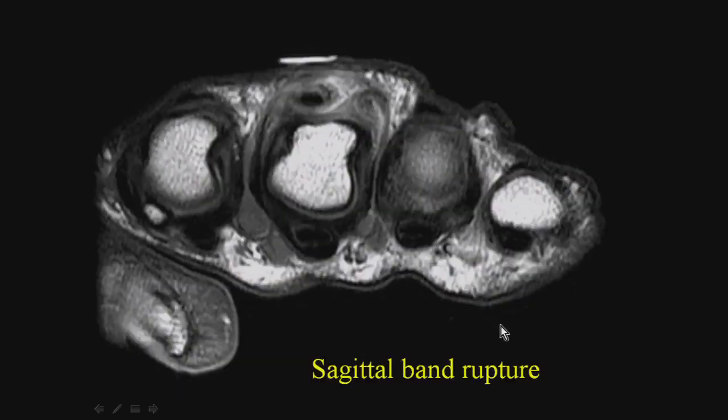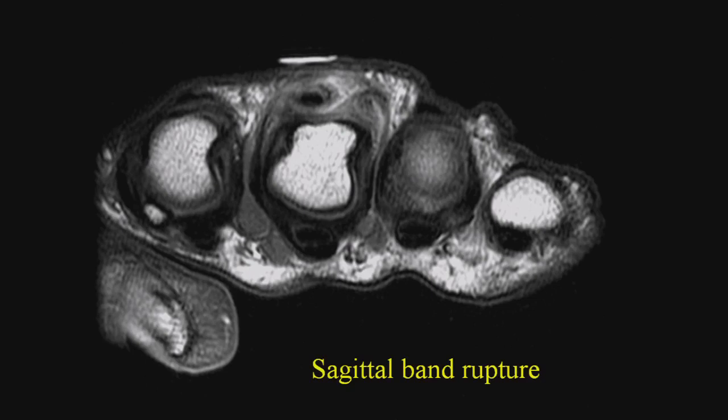As I mentioned, sagittal band injuries, usually we're going to pick up secondary signs of where the extensor tendon apparatus is subluxed either radially or ulnarly at the level of the metacarpal head. So this is a case, it was a domestic dispute. The guy got in an argument with his wife at the dinner table. She came after him with a steak knife. He was trying to protect his face, and he got stabbed in the back of his hands a couple times and actually got stabbed in the back also.